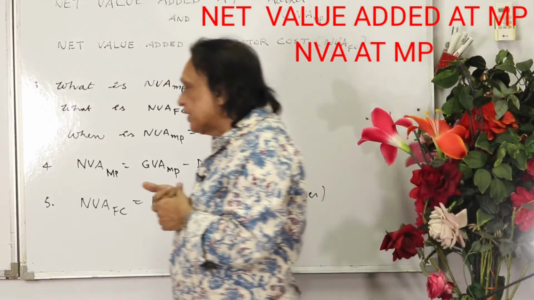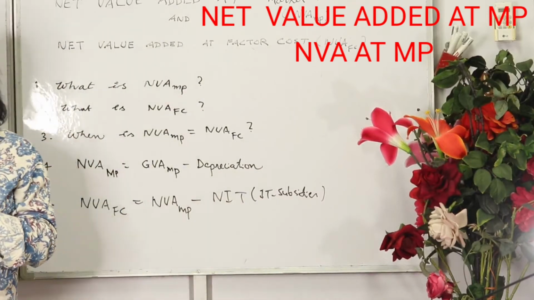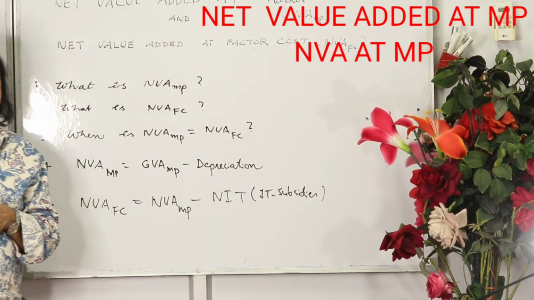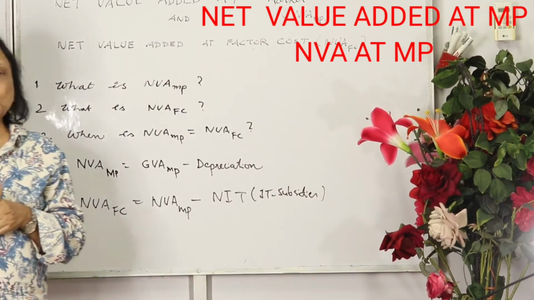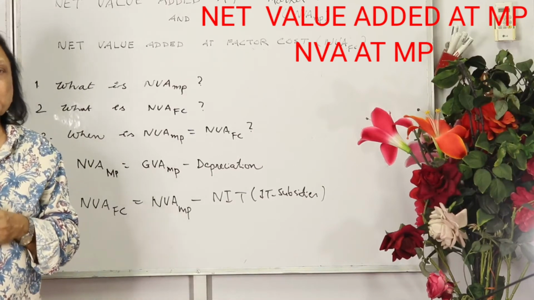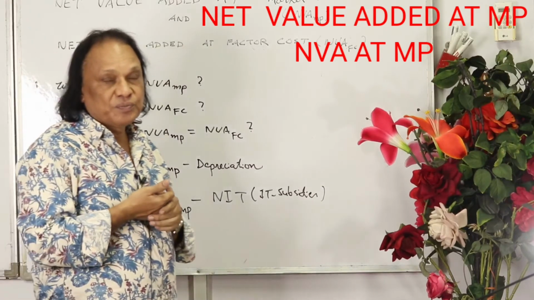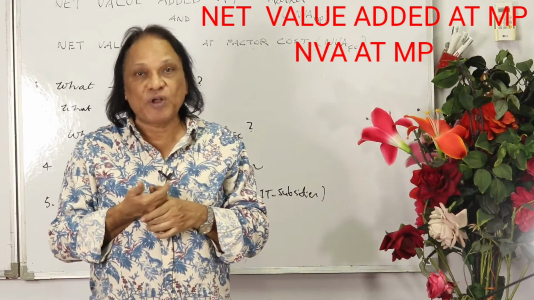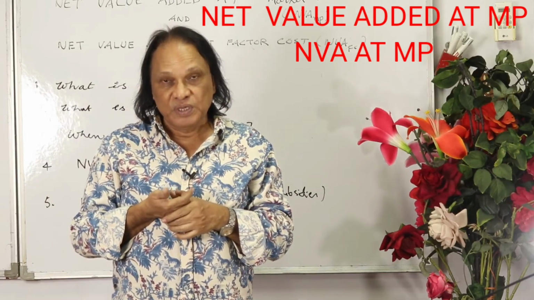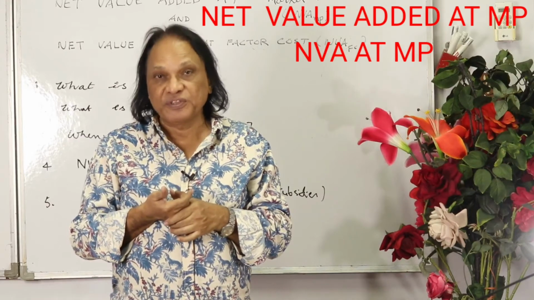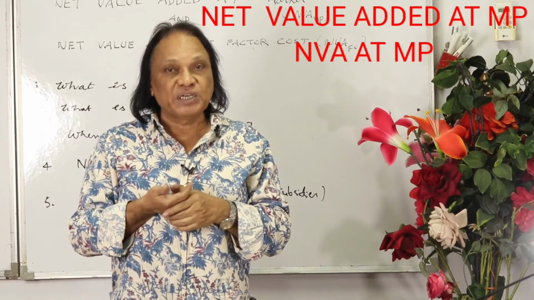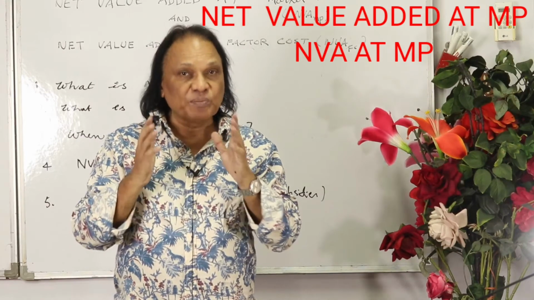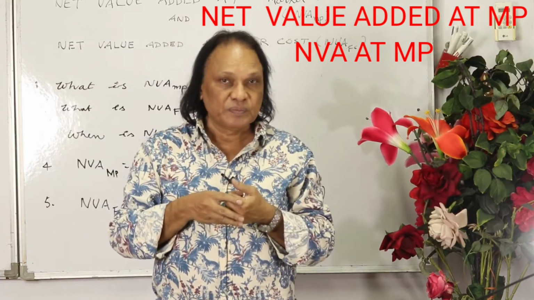As we have seen already, to produce a commodity, the firm has to use so many fixed assets: machines, buildings, structures. There is normal wear and tear and expected rate of obsolescence. The value of this is called depreciation or consumption of fixed capital.